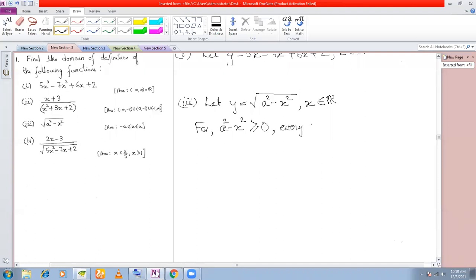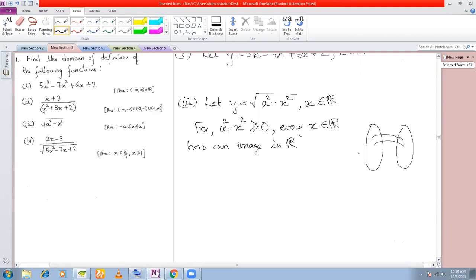Every x belongs to R has an image in R, right? When the quantity within the square root is greater than or equal to 0, only then it will have an image.